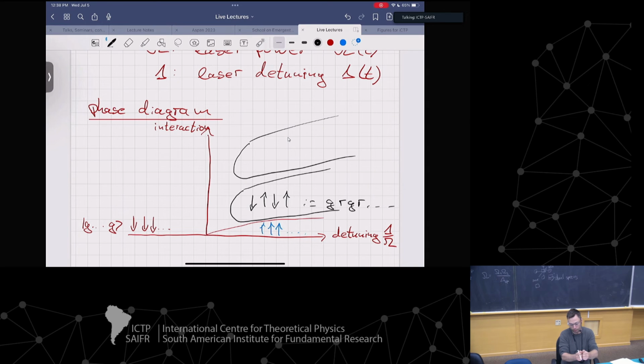Now suddenly I could be in a situation where three atoms in this chain are blockaded. So the phase would look like Rydberg, and then two grounds, Rydberg, two grounds. This is not an antiferromagnet. People call this maybe a Z3 ordered phase, depending on which symmetry you are breaking, and you can continue like that. As you increase the blockade radius, you realize different phases.